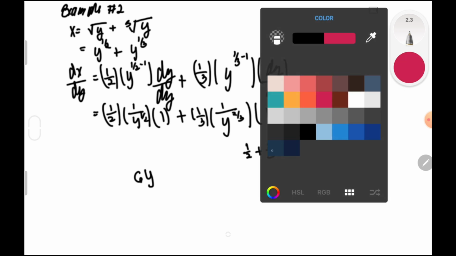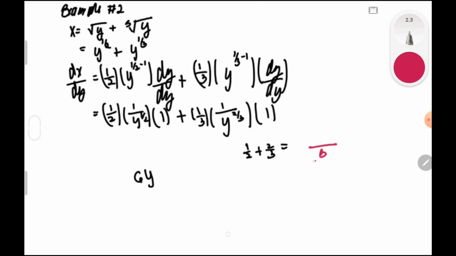So our GCF will be 6. 6 divided by 2 is 3, plus 6 divided by 3 is 2, and 3 plus 2 is equal to 5. So therefore we'll have a value of 7/6. So y raised to 7/6.